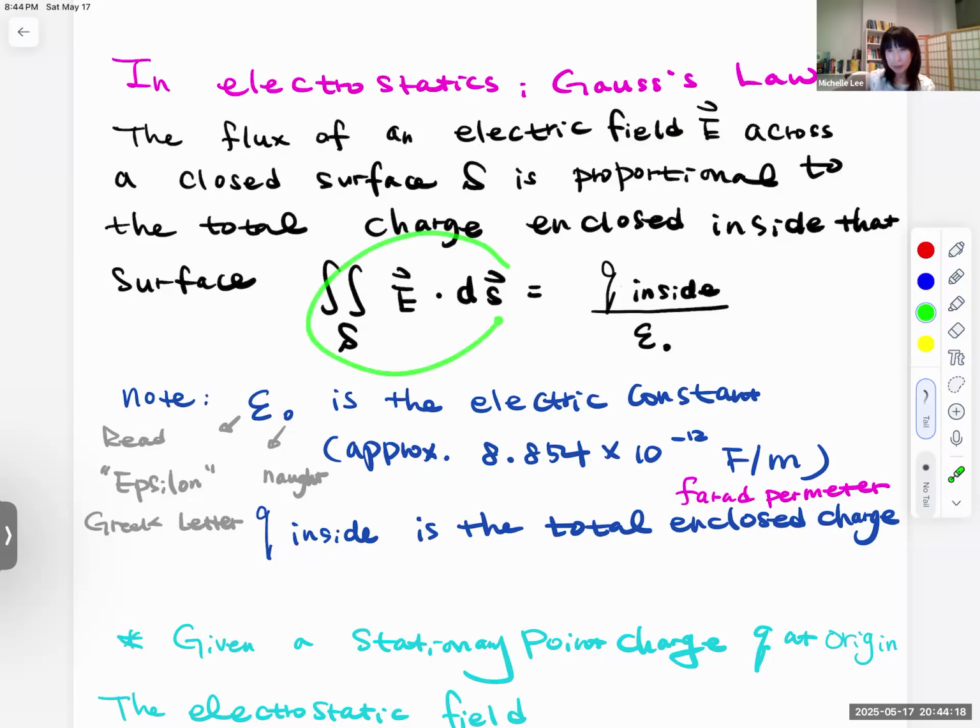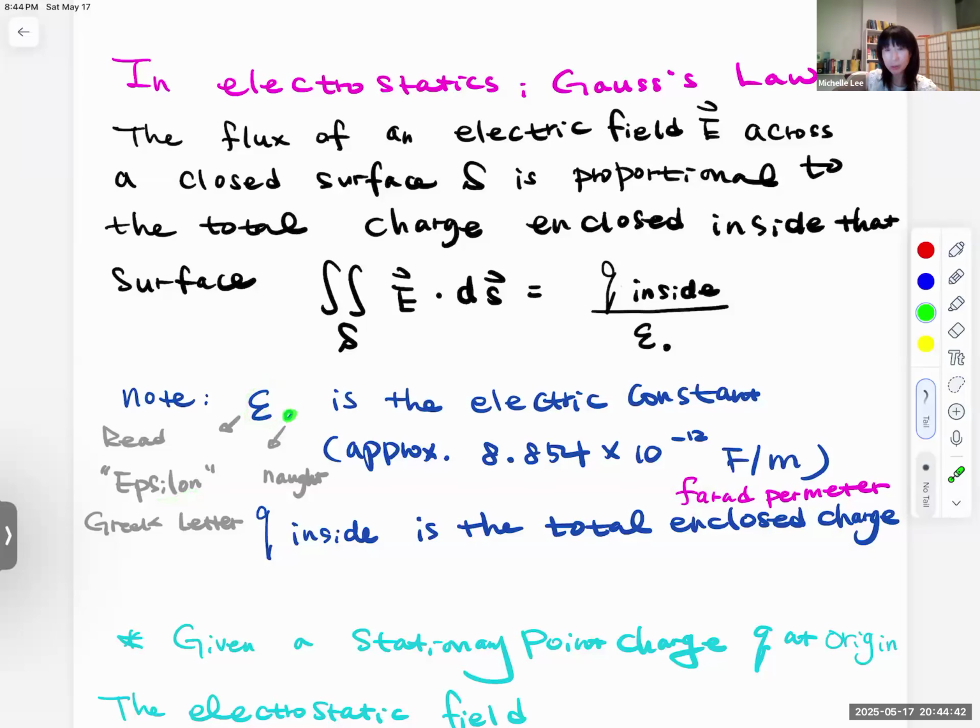So it's a surface integral, right? We just change the vector field from F to E. And then we can express this as Q inside over epsilon naught.